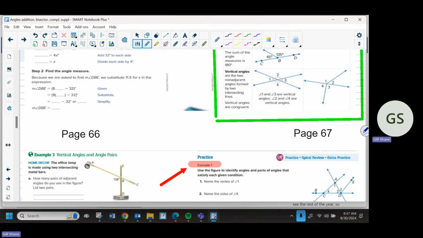So it is one of the biggest concepts for the year. If you have 2 straight lines that cross, make them more exaggerated, more like the picture. 2 lines that cross. We form angles when we have 2 lines that cross, right?